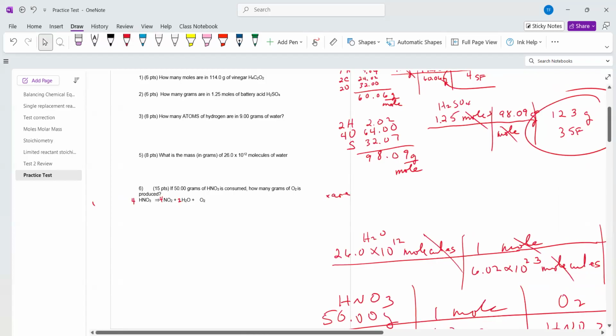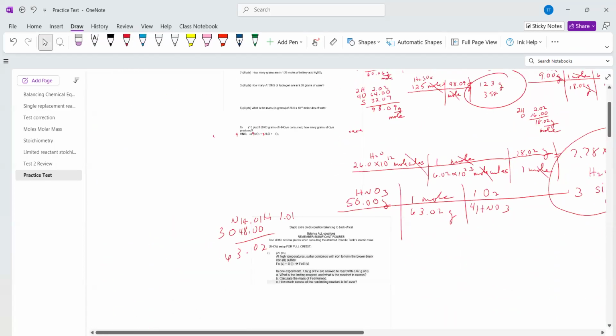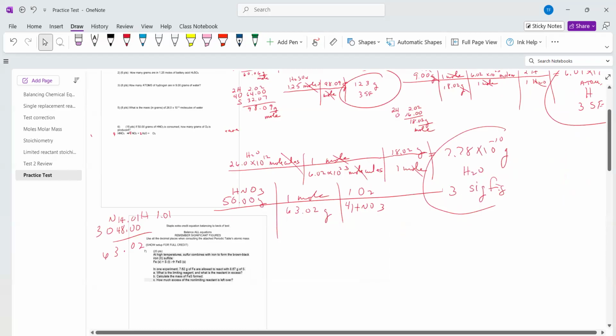So the oxygen to nitric acid is what? 4 to 1. And I'm going to get rid of this.